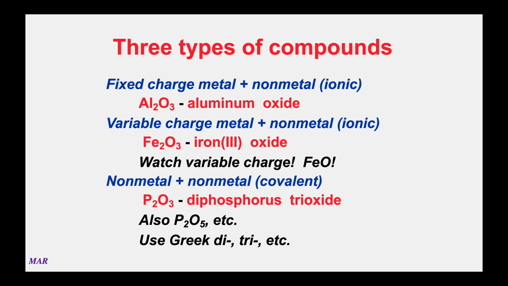So P2O3 is diphosphorus trioxide. There's also a P2O5, which would be diphosphorus pentaoxide, etc. These ones you'll use Greek prefixes. Now again, Greek prefixes for nonmetal plus nonmetal only. Roman numerals for variable charge metal plus nonmetals only. Fixed charge metal and nonmetals don't get anything.